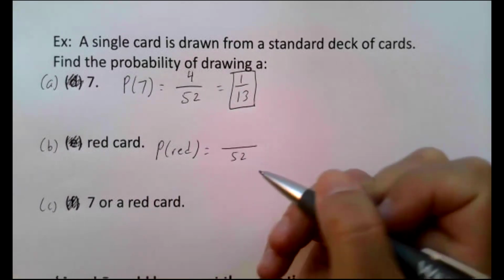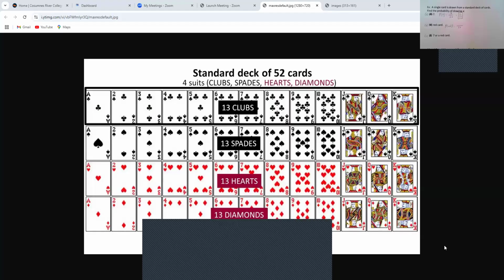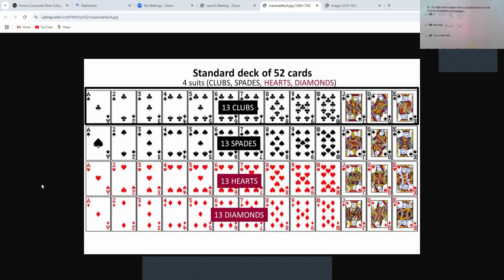Well, there are 52 cards in the deck. How many of them are red? The bottom 2 rows are red. The top 2 rows are black. So the hearts and the diamonds are red, and the clubs and the spades are black.